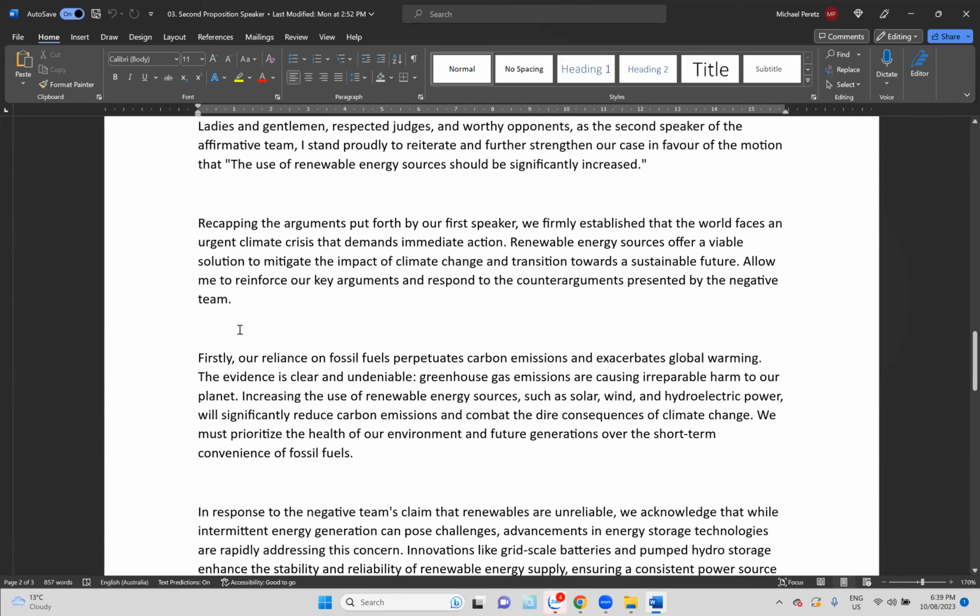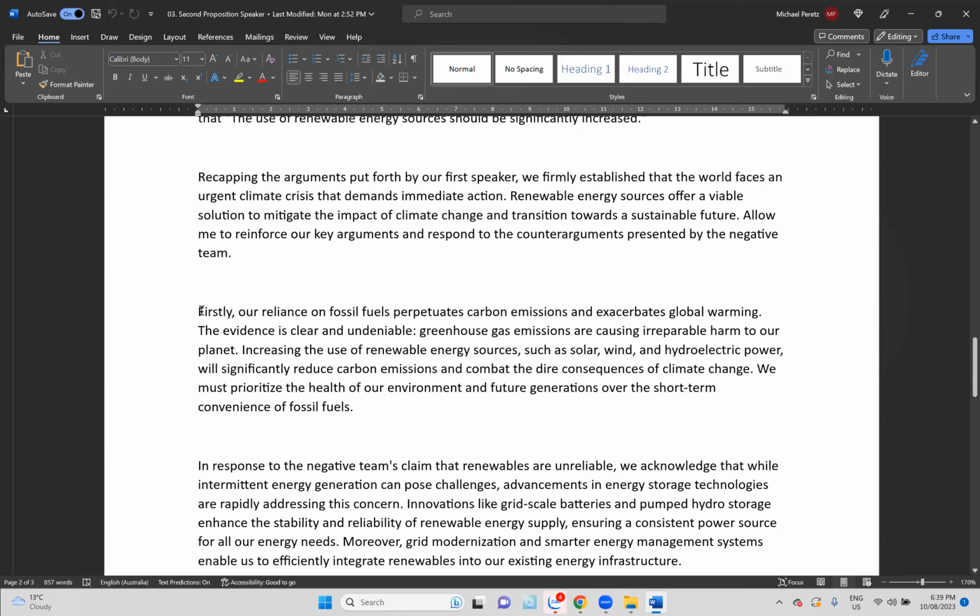So firstly, again signposting, first thing we want to say, our reliance on fossil fuels perpetuates carbon emissions and exacerbates global warming. So we're now again pointing out reasons why we should move to green energy immediately.